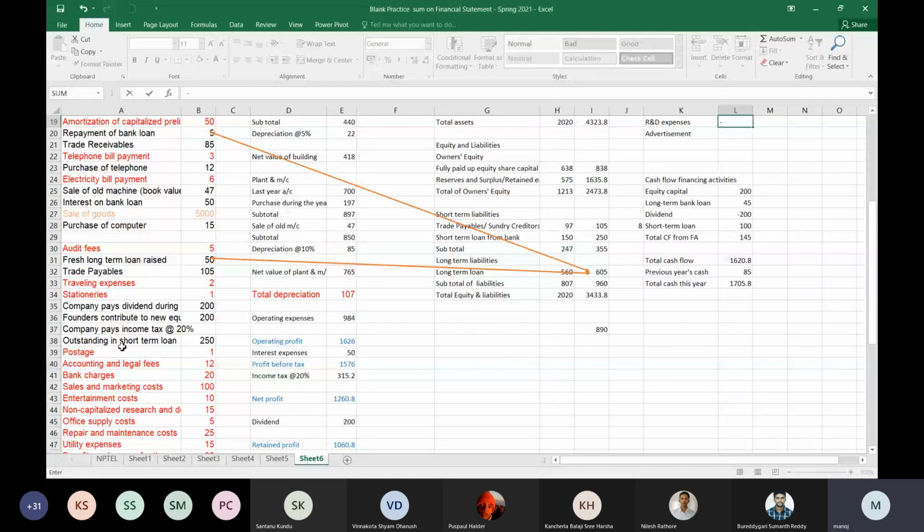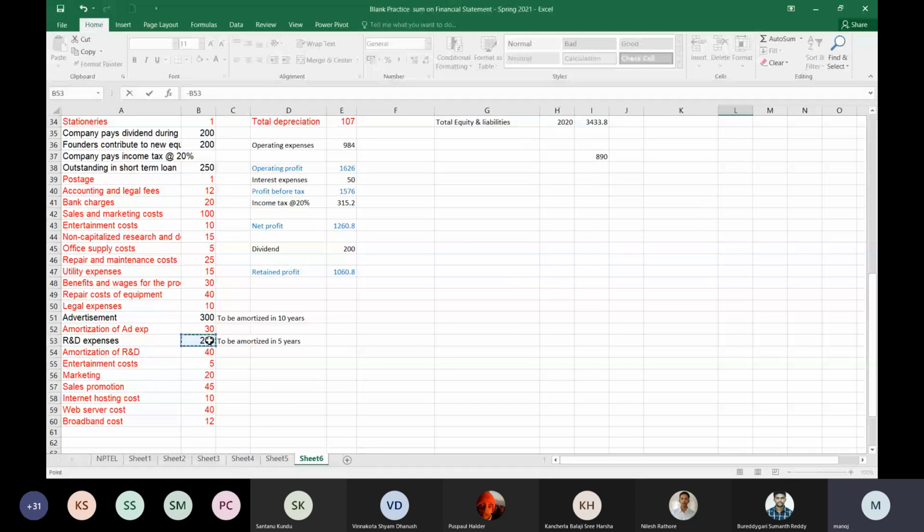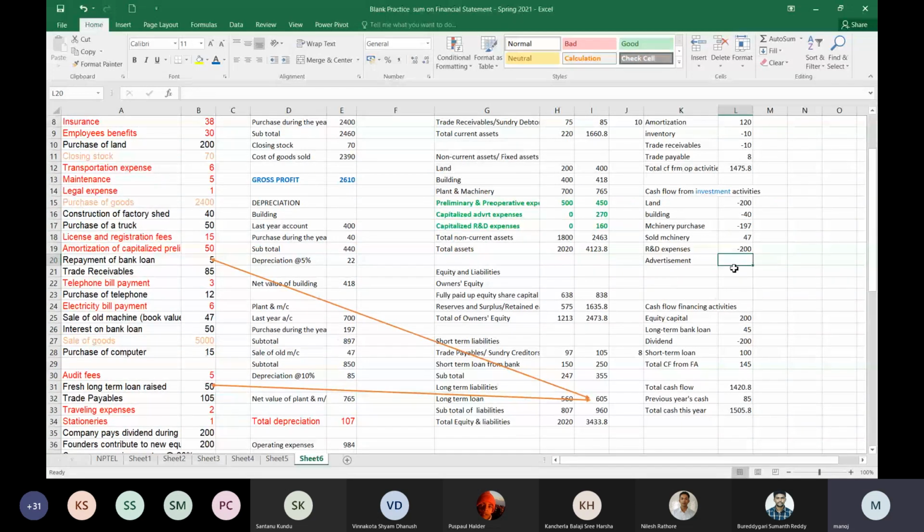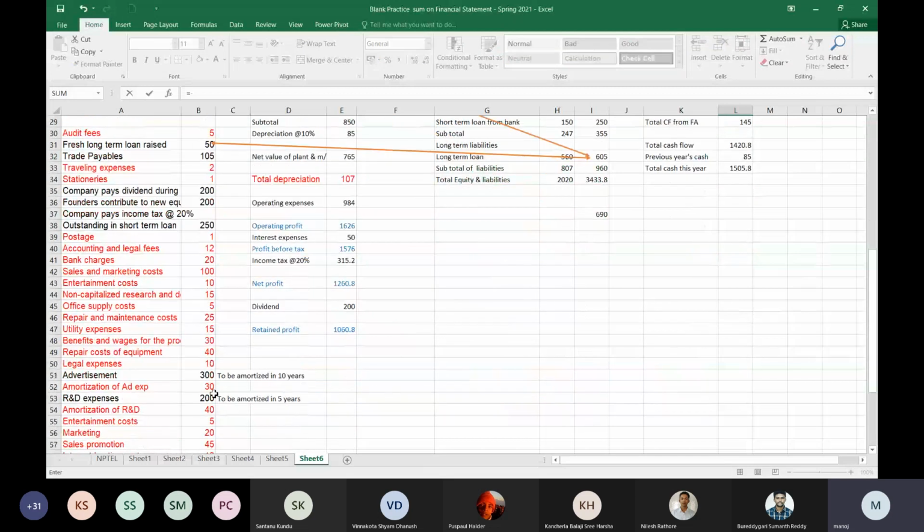So R&D is equal to, yeah, R&D is 200. This should come here. Advertisement also is a negative because the money has gone out. It should come here.